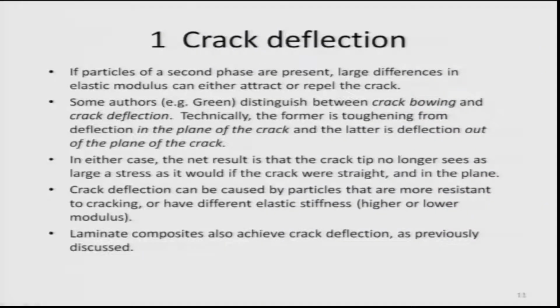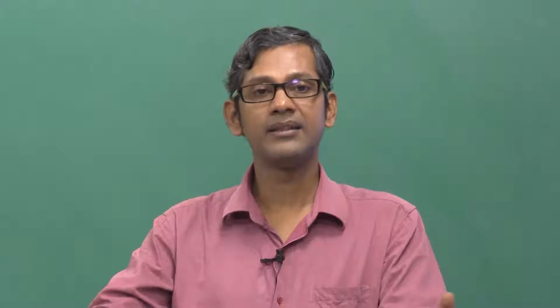So, the question now is, how do you basically deflect the cracks? If a particle of a second phase is present, a large difference of elastic modulus can attract or repel the cracks. That is obvious. If there is a particle or phase inside and there is a huge difference of the elastic modulus between the matrix and the particles, then we can allow the cracks to come toward or go away from the particle, depending on the relative values of the elastic modulus.